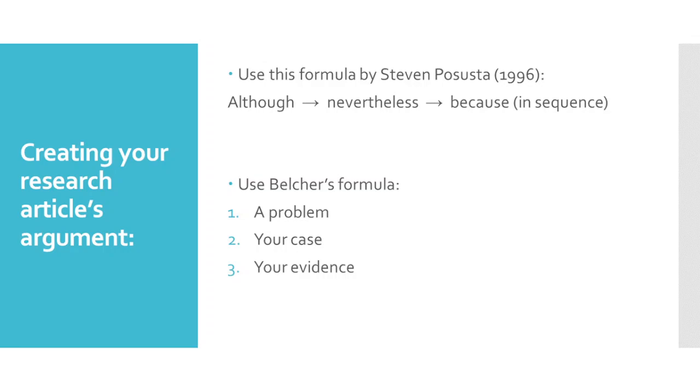First, write a problem that other scholars debated, argued, assumed, or ignored. Second, write your case in relation to that debate in the literature, or in relation to the argument, assumption, or gap. Then third, present your evidence based on your qualitative study, quantitative study, experiment, or field work, or any type of analysis that you are doing.